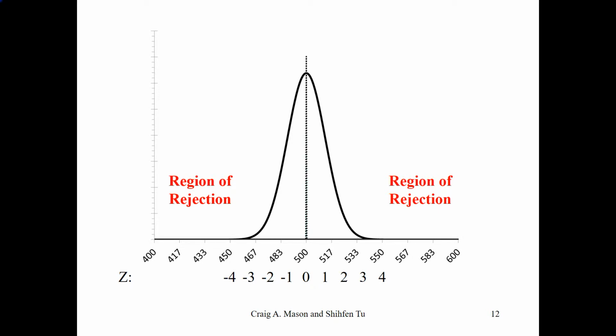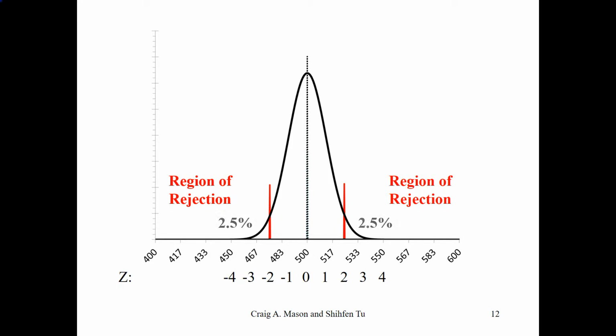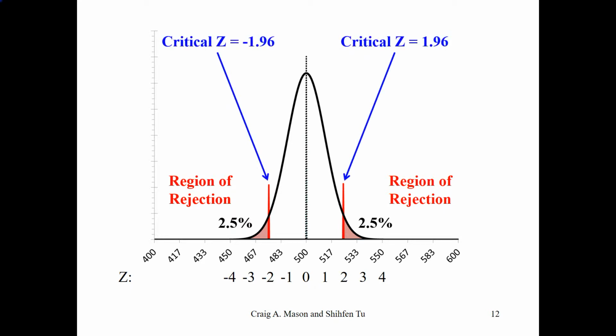Based on an alpha of 0.05, we have a new critical z-score for each tail that is based on 2.5% of the scores in that tail being as extreme or more extreme than the critical score. It turns out that that value is z equals plus and minus 1.96. 2.5% of the distribution is above a z-score of positive 1.96, and 2.5% of the distribution is below a z-score of negative 1.96.